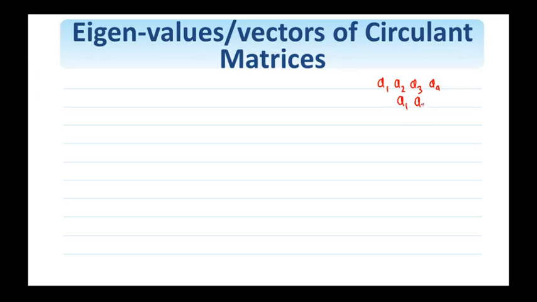So this is A1, A2, A3, A4 wraps around and comes at this place, A1, A2, A3, A4 wrap around, and finally A1, A4, A3, A2. So clearly for this 4x4 matrix, if I know the elements of its first row, I can define the whole matrix, since again, each row is generated by the circular shift of the row above it.